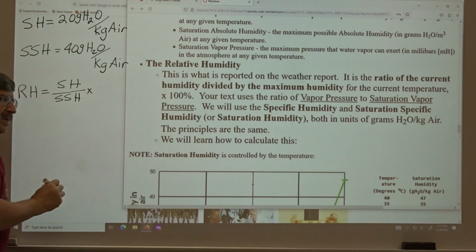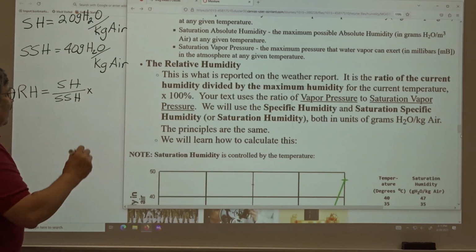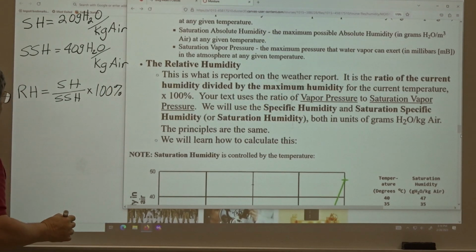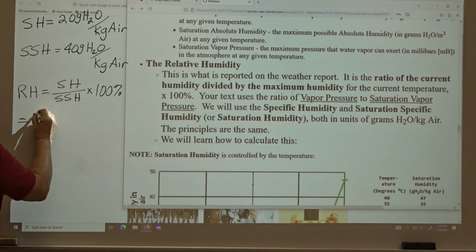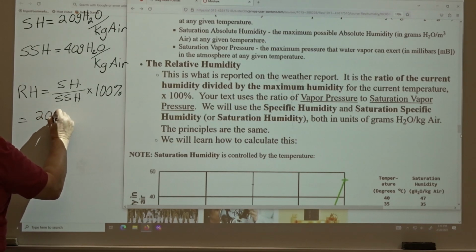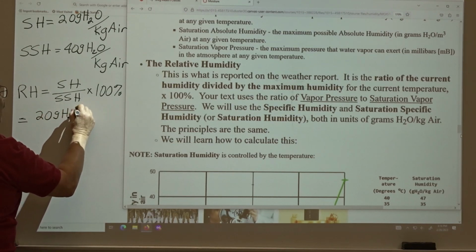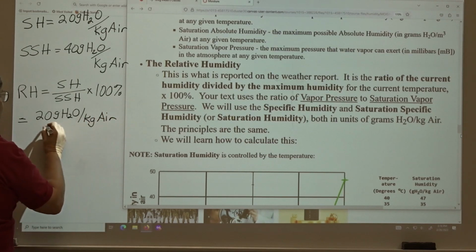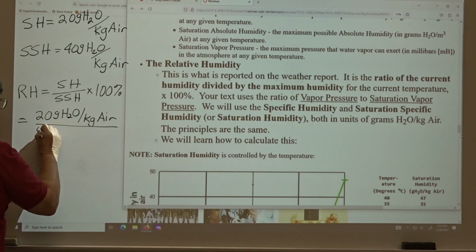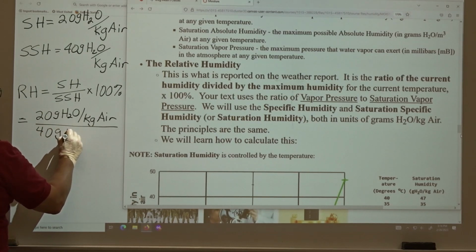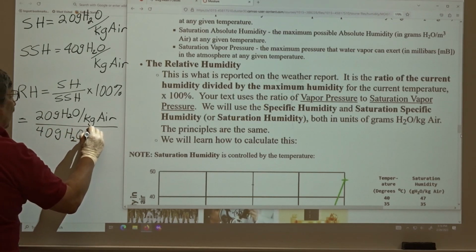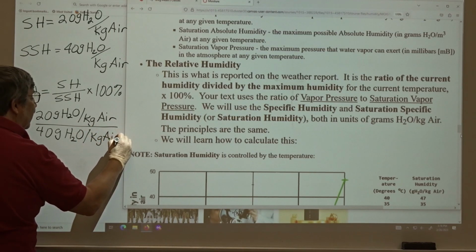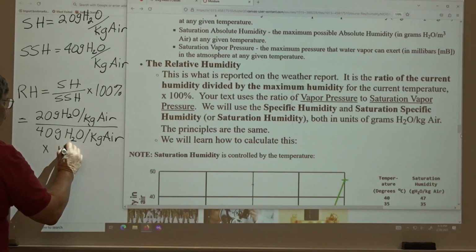And we always express this in percent, so we multiply it by 100%. In this case, this would be equal to 20 grams of water per kilogram of air divided by 40 grams of water per kilogram of air times 100%.